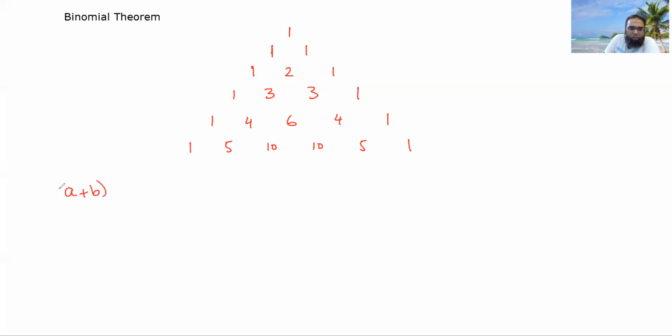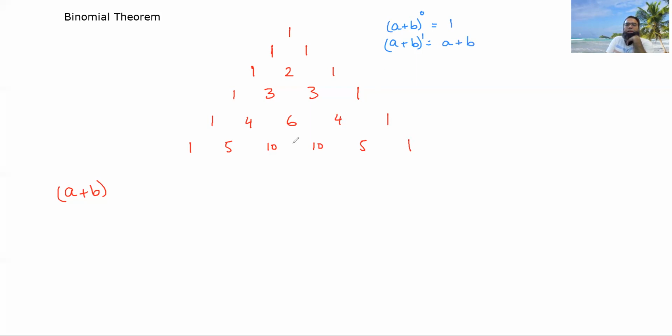When you have a plus b raised to power 0, you have this equal to 1. Anything raised to 0 is going to be 1. Now, when you have a plus b raised to power 1, that is equal to a plus b.